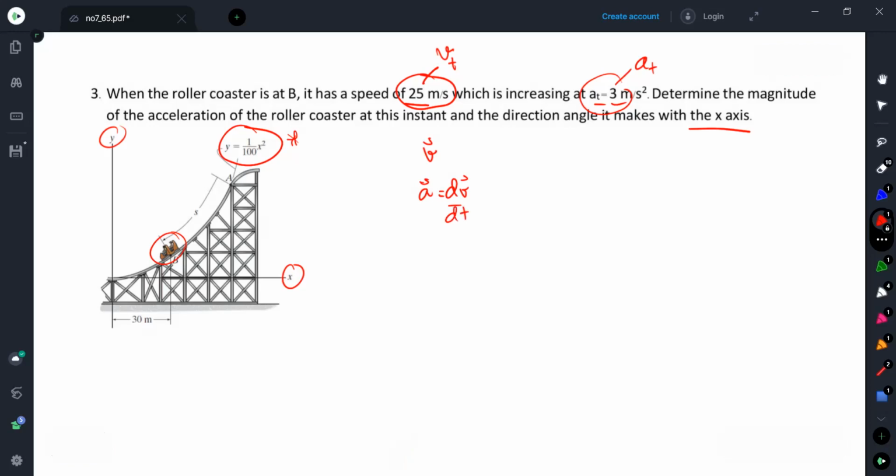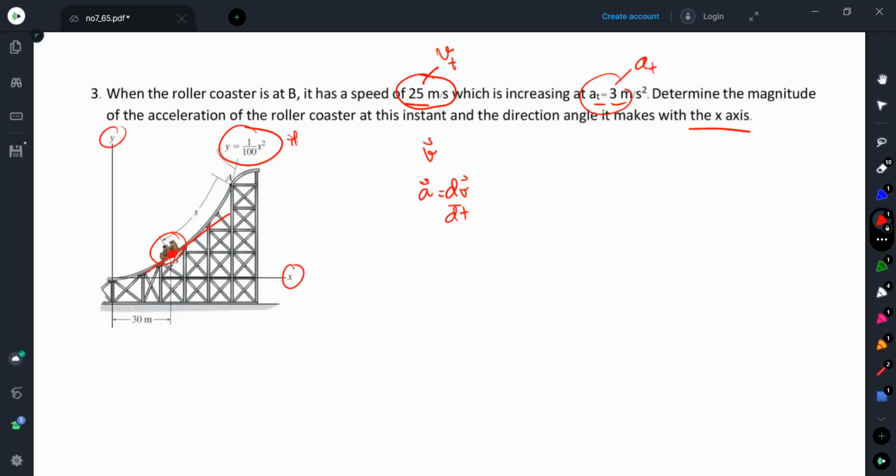But at this position along the curve, we have no idea what the velocity in the X or Y direction is.